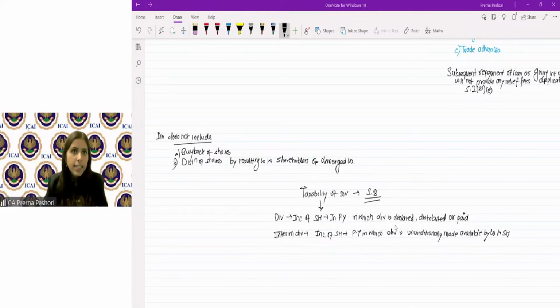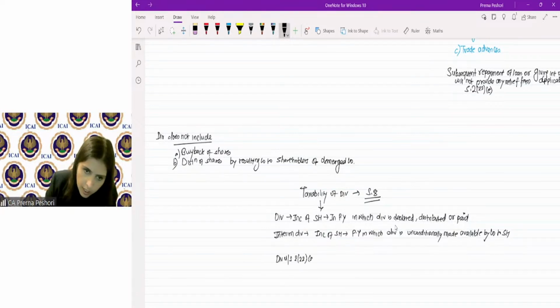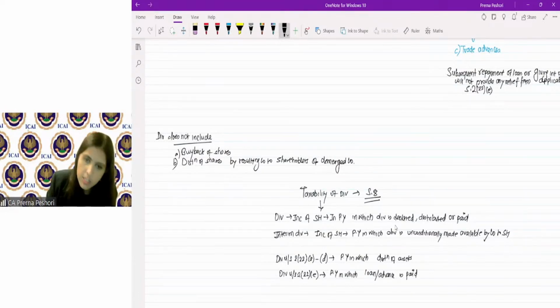Clear? Yes or no? So just write over here, dividend under section 222A to D, previous year in which distribution of assets, and dividend under section 222E, previous year in which loan or advance is paid.